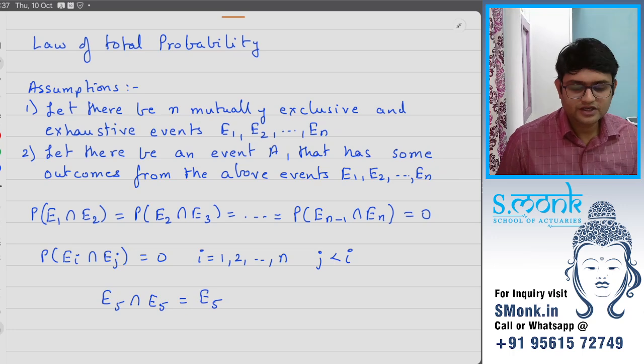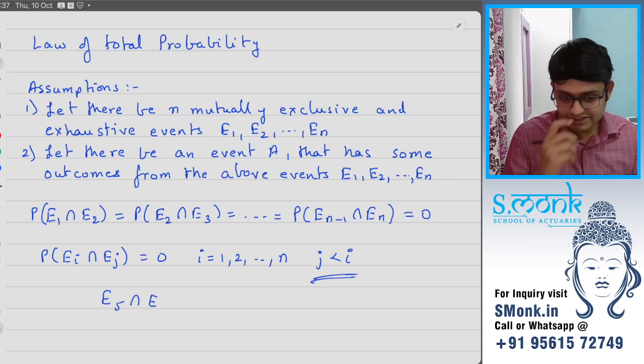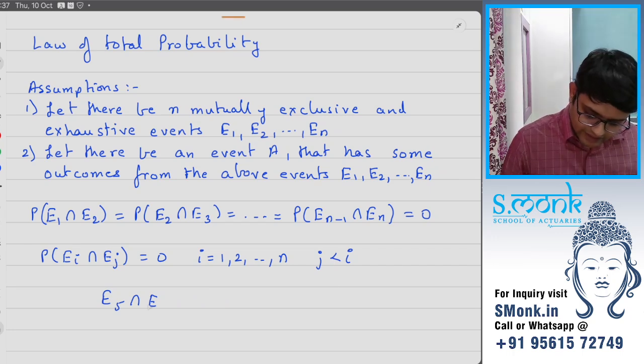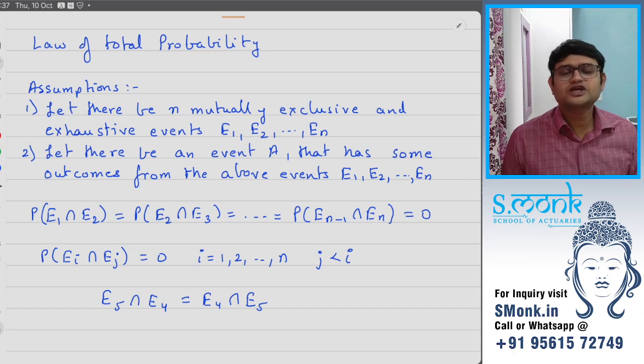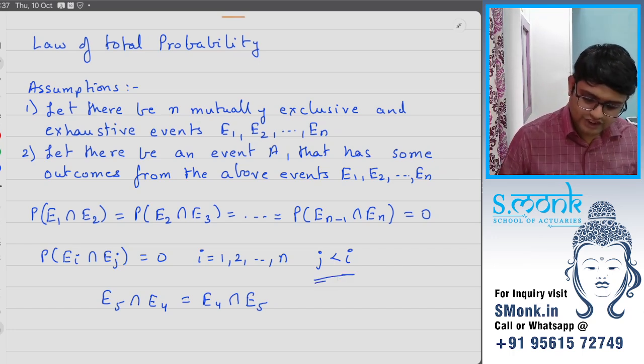We don't want that. So we want intersection between two different events. I have taken only less than simply because E5 intersection E4 will be the same as E4 intersection E5. So I am just taking one of them, I don't need to take both. That is why we have said j is less than I.